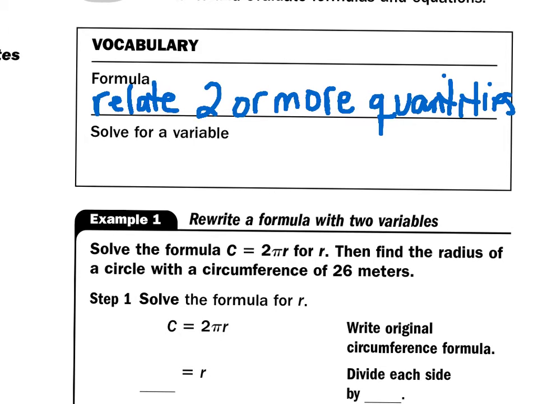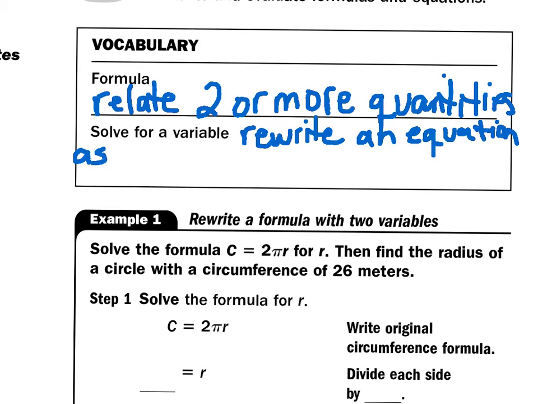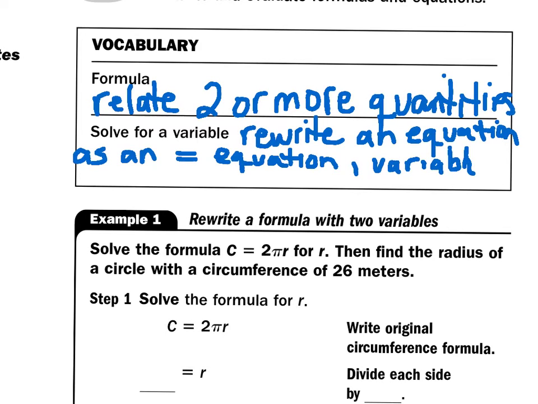To solve for a variable means to rewrite an equation as an equivalent equation in which the variable is on one side but not the other.